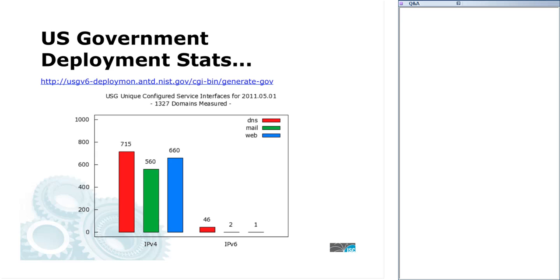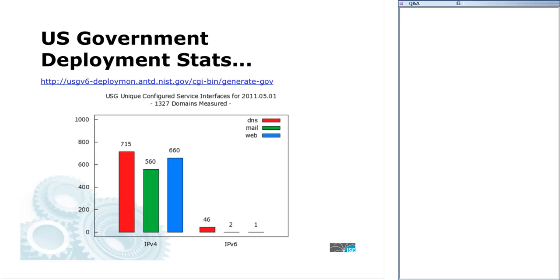Because what we can see by looking at this graph, this is a graph that is produced by NIST. It is updated weekly, I believe, and this is a snapshot that was done May 1st. So it was done the very beginning of this week. And what it shows is 1,327 domains within the U.S. government that were polled to see their IPv6 readiness.